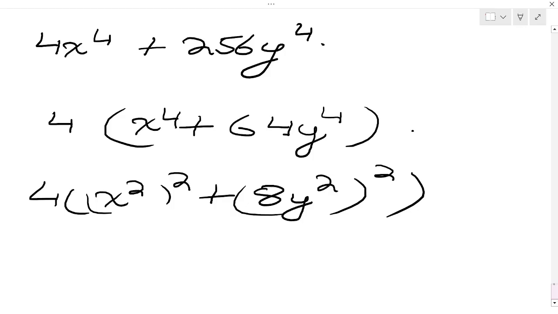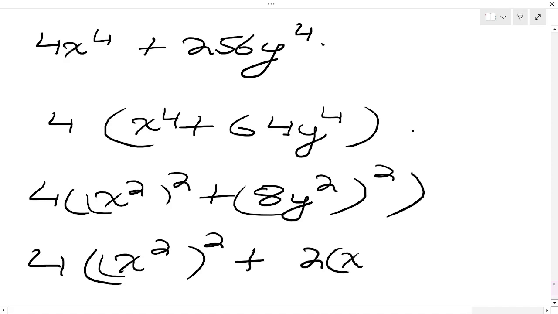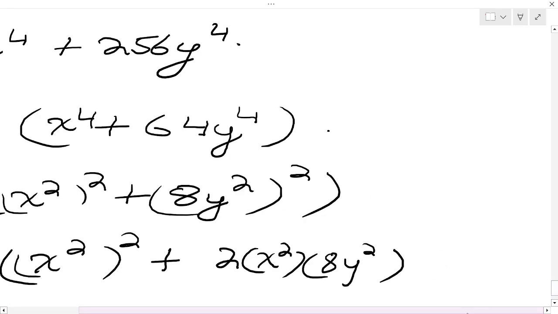So we will just write 4 bracket, then we will write (x^2)^2. It's gonna be added with 2(x^2), then it will be multiplied with 8y^2, and then we are gonna write its whole form.